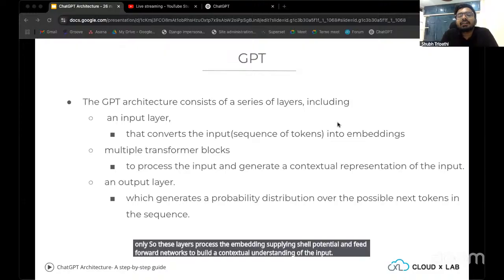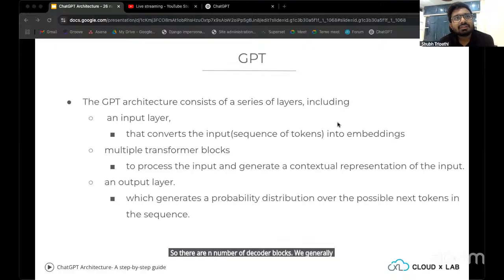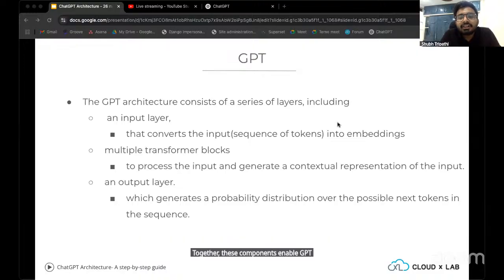There are n number of decoder blocks, which we generally choose based on the training purpose. Then there is the output layer, which generates a probability distribution over the possible next tokens, allowing the model to predict the most likely next word in the sequence. Together, these components enable GPT to generate coherent and contextually relevant text one word at a time.